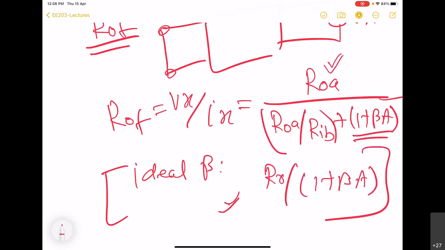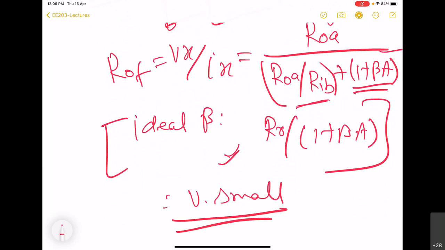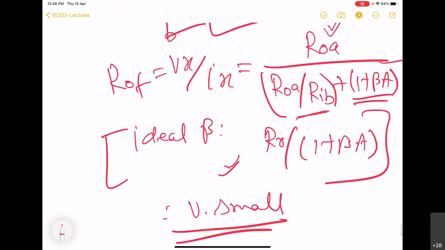And then we have this additional factor, but this factor is also going to be small, positive. So we see that ROF on the whole, it remains very small. So this feedback network has not degraded the output impedance performance of the feedback network. It has still maintained the desirable quality.